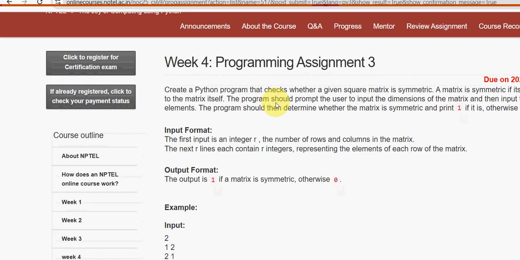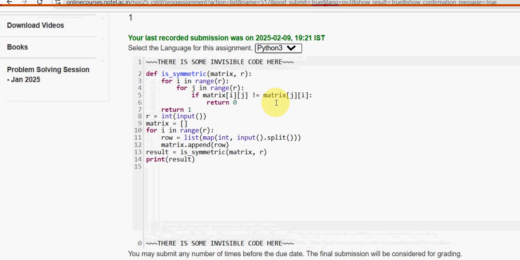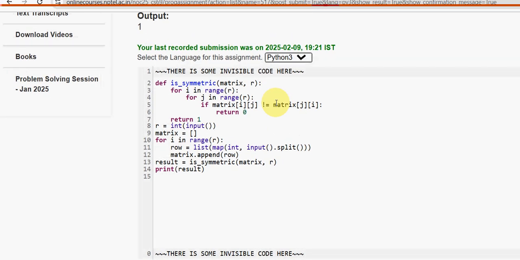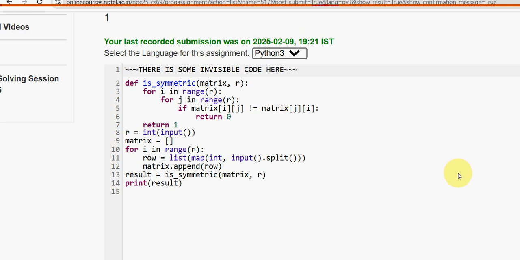This is the third programming assignment and this is the solution, guys. You can take a snapshot, guys. Do follow indentation rules. Now let's get back to the objective solutions. Hope you have noted it down, right?